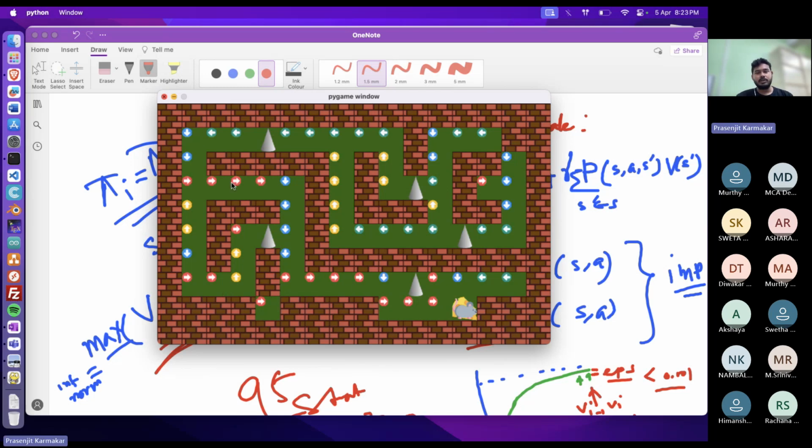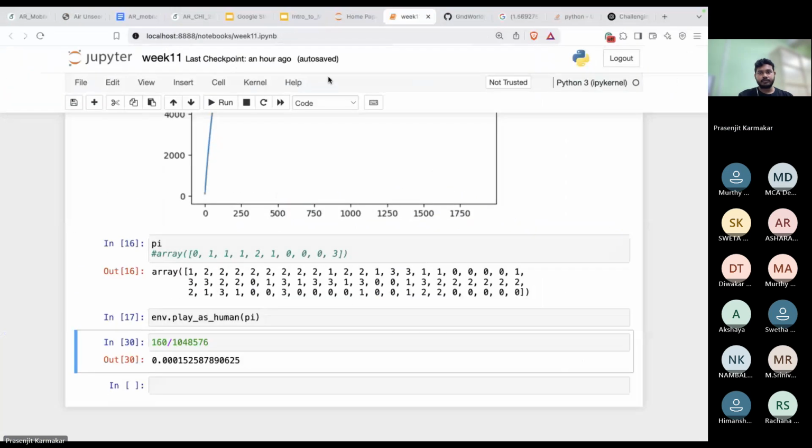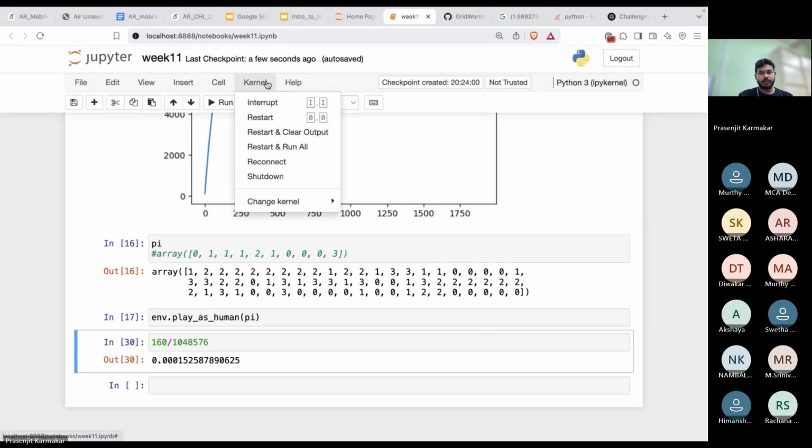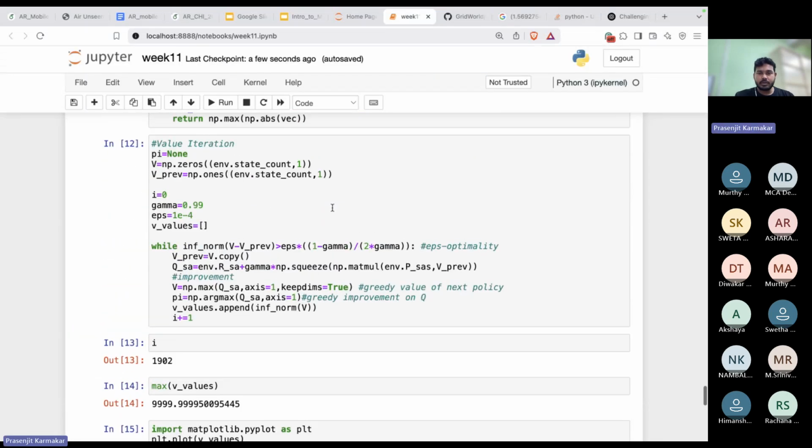Maybe it is due to the fact that we are not considering our environment to be terminal, so it is not actually terminating at this point. You have to deeply analyze it later on. Okay. Let's see whether our algorithm has something to do with it.